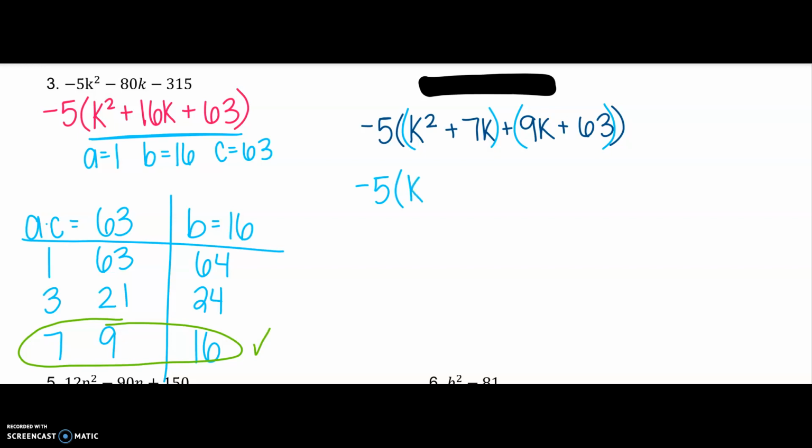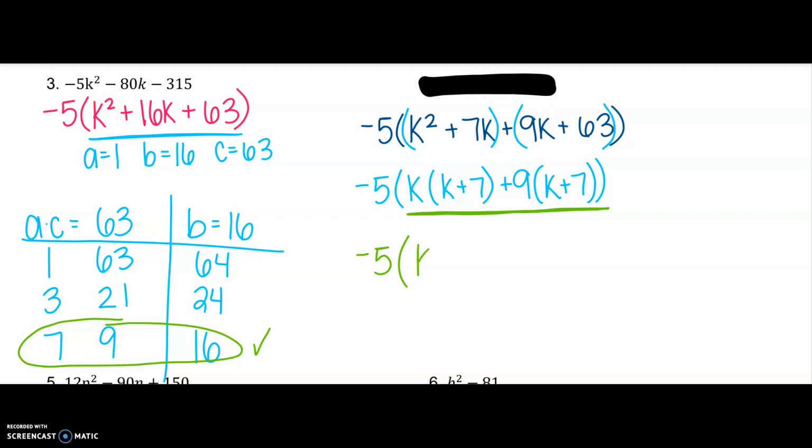The GCF here is k, and I'm left with k plus 7. My GCF of my second group is going to be 9, and I'm left with k plus 7. Now I want to take the GCF here. So I keep my original GCF of negative 5, and my GCF of this section is going to be k plus 7, and what's left over is k plus 9. And that is the factored form for number 3.